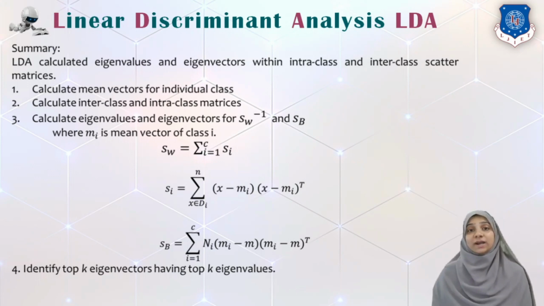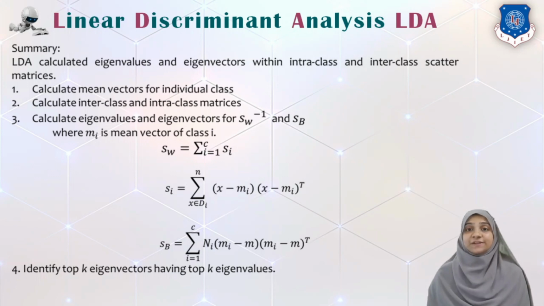Remember, intraclass is within group, that is S of W, and interclass is between groups, which is called S of B. And we calculate eigenvalues and eigenvectors for S of W inverse times S of B, where Mi is our mean vector of class i.